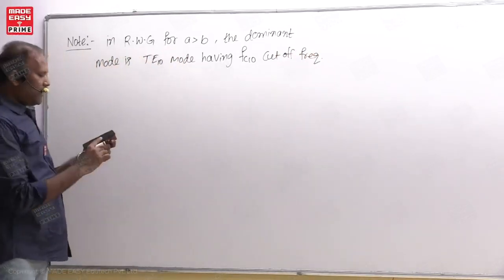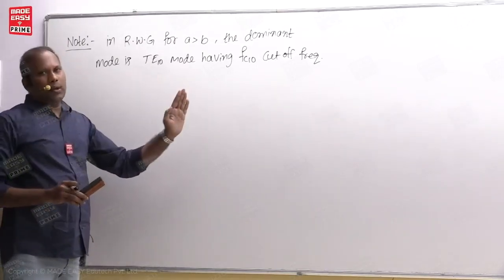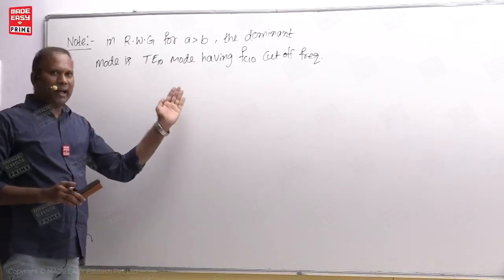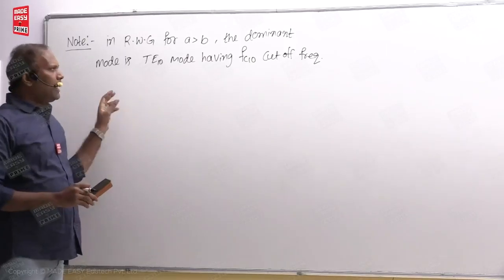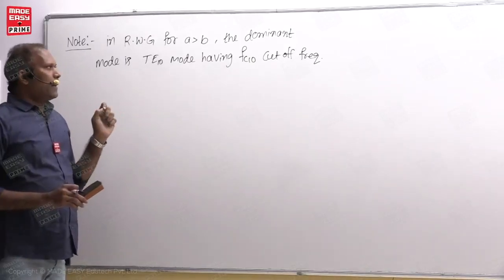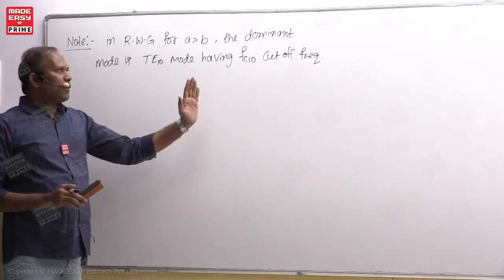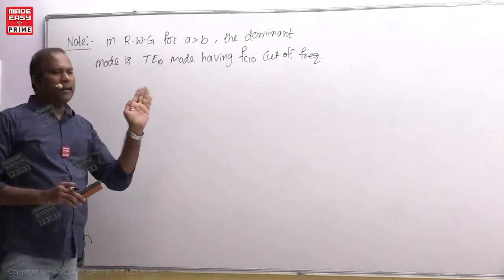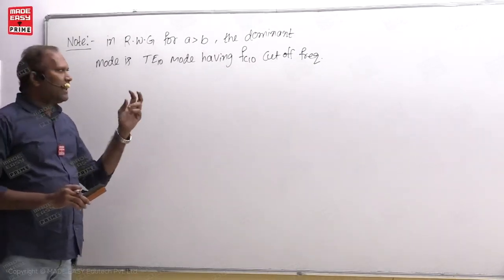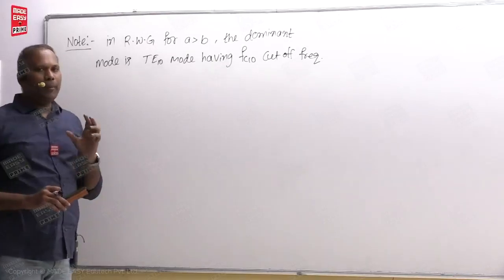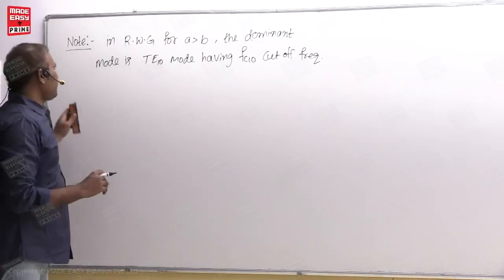If you take next higher order mode, higher order means next higher frequency mode, then if you send EM energy between FC10 and next higher order cutoff frequency, then it behaves like a band pass filter. Band pass filter. Right.